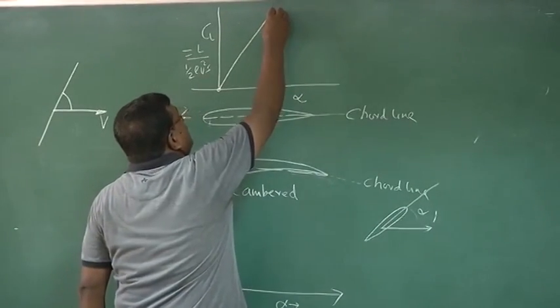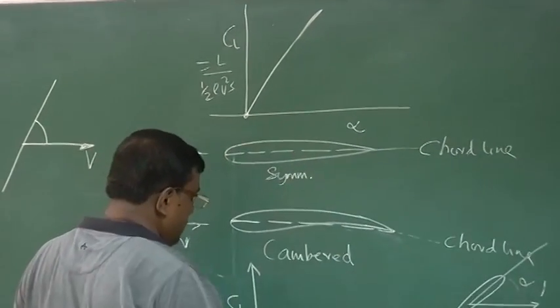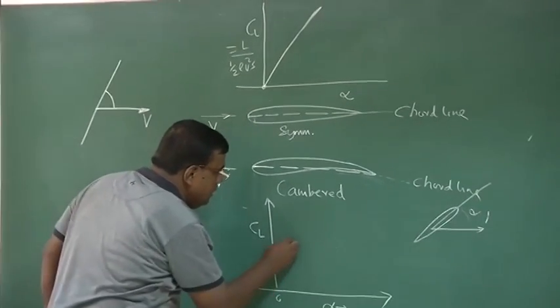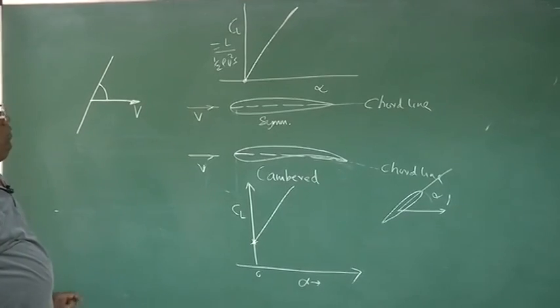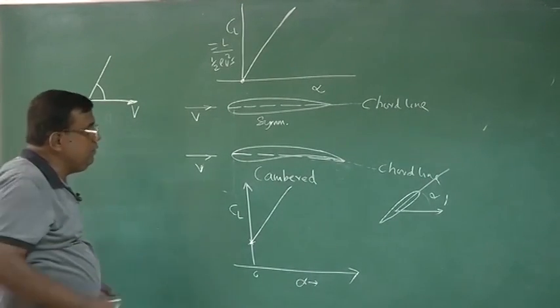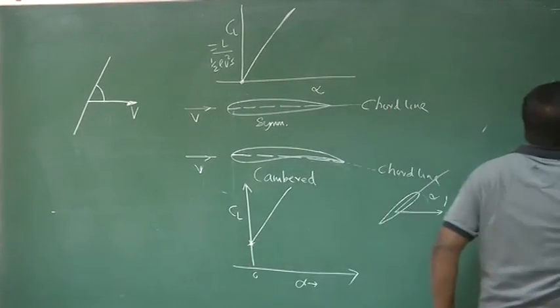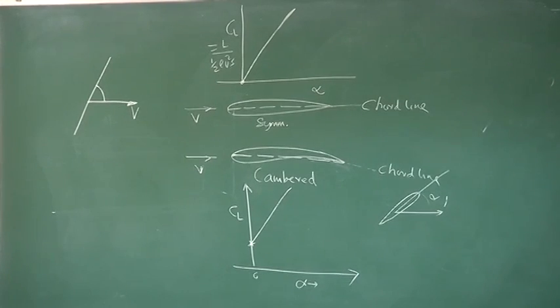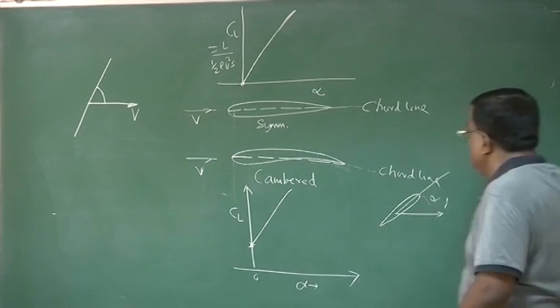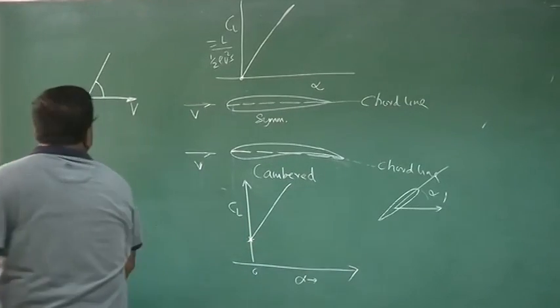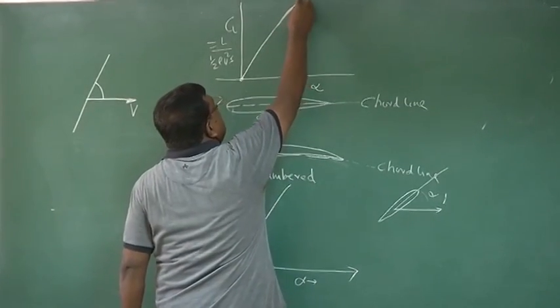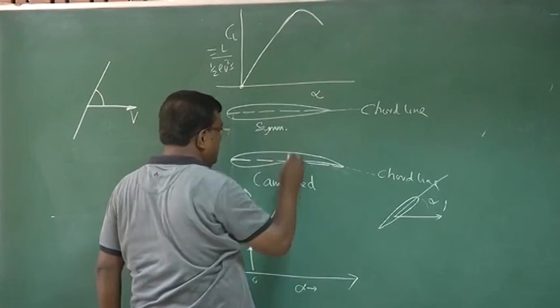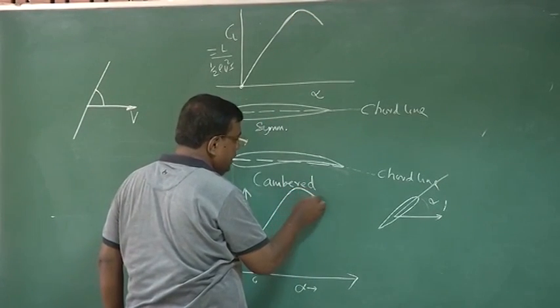Up to a certain point, lift will go on increasing as alpha is increased. But beyond a certain alpha, you will see that lift is no more increasing. In fact, it is going down like this. Similarly here, going down like this.